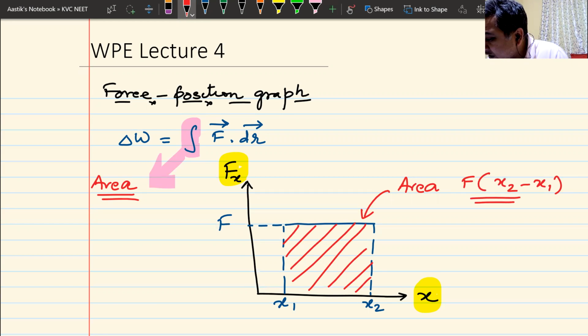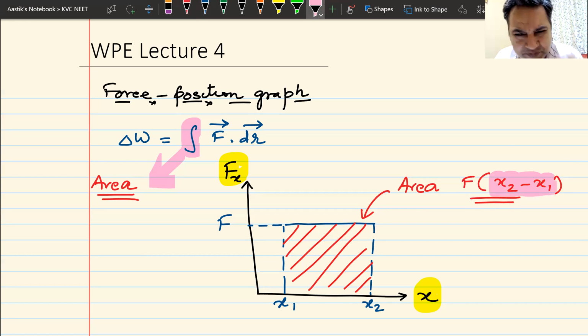If you look very keenly, what is this x2 minus x1? Anyone in the class? Remember, this is not a displacement position. This is not a force displacement graph. This is a force position graph. That is the right term that I should use. So what is x2 minus x1 then? Anyone?